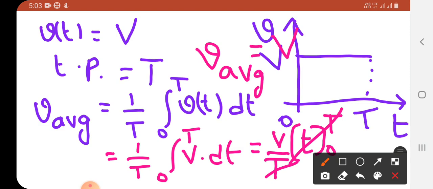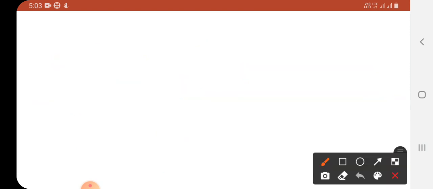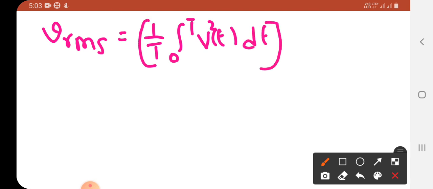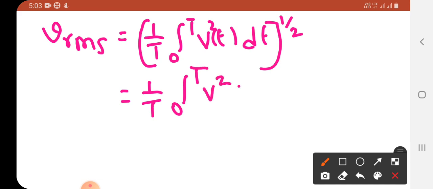Then what about the RMS value? VRMS is equal to 1 by T integral 0 to T V of t square dt, whole power 1 by 2. Now substituting V of t as V only, we get V square dt, whole power half.